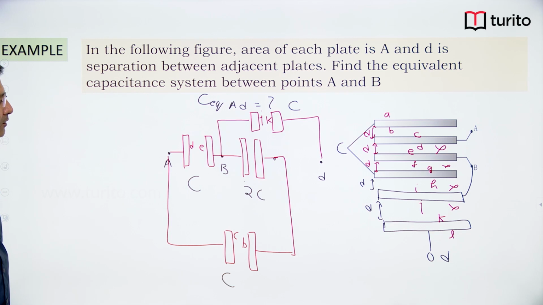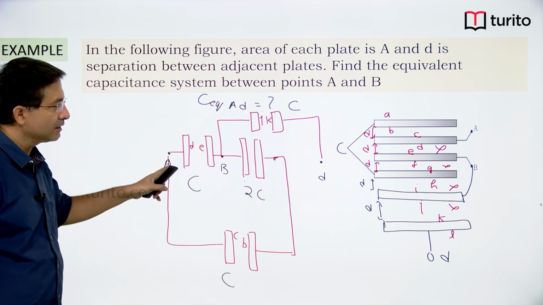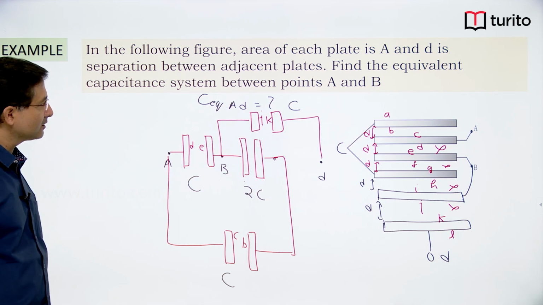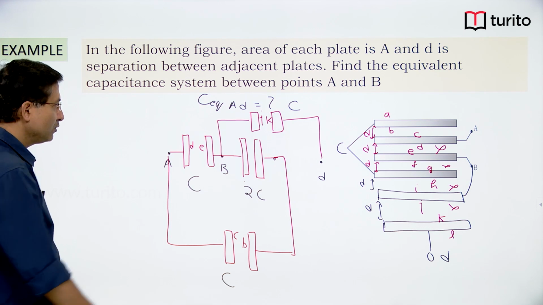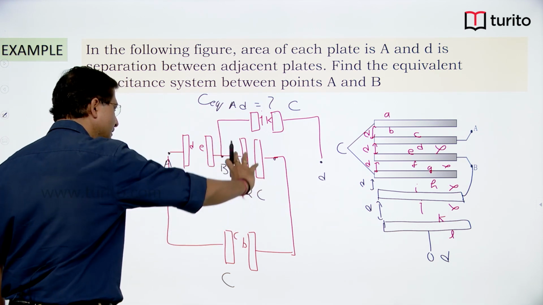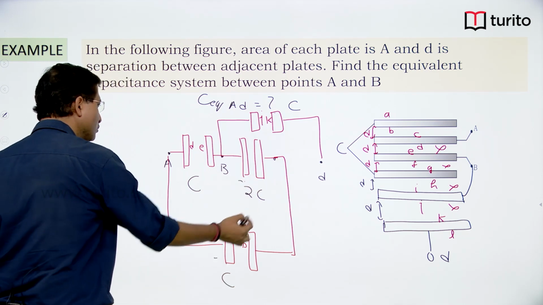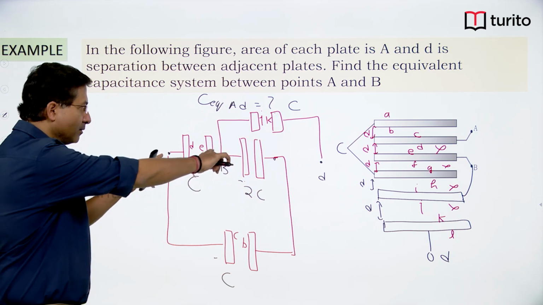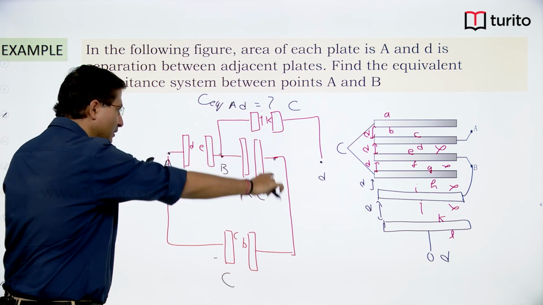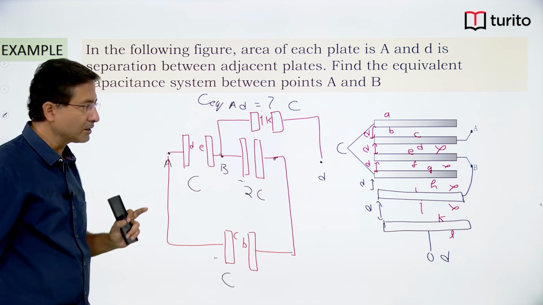Now I need to find the capacitance across AD. If I just simplify it, then you can see this in series combination, and this in series combination. So 2C and C will give you, look at this part across these two terminals, 2C by 3, using C1 C2 upon C1 plus C2.